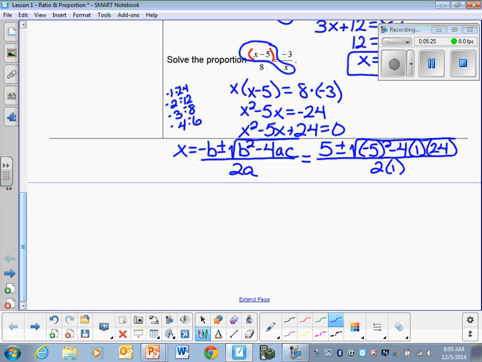Now, I want my calculator. 25 minus 4 times 1 times 24 is a negative 71. So at this point, you have to remember from Algebra 1, what are the solutions when the radicand, the number under the radical, is negative. And in this case, there are no real solutions.